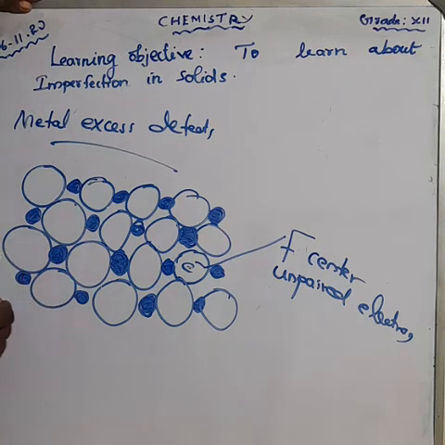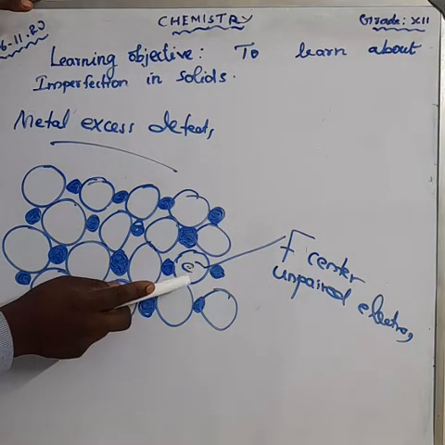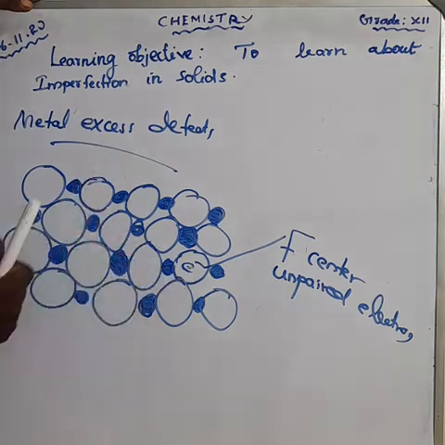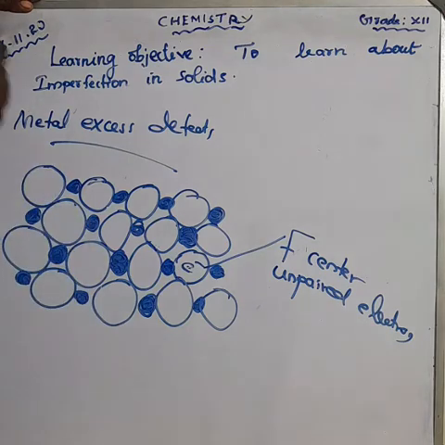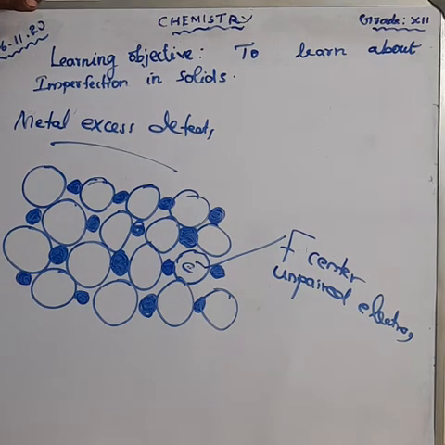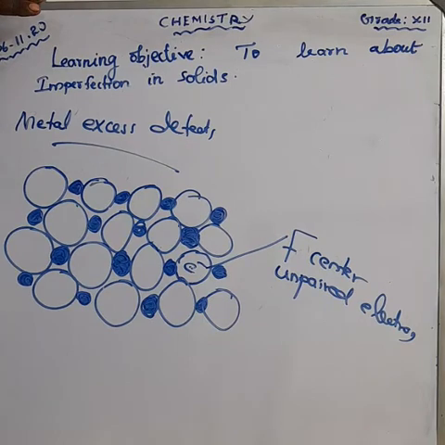Such anionic vacancies, negative charge vacancies occupied by unpaired electrons, are called F centers.